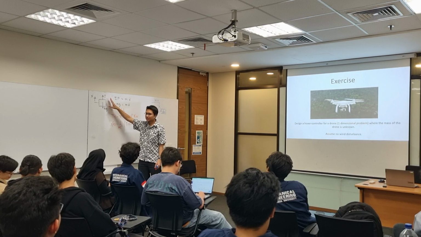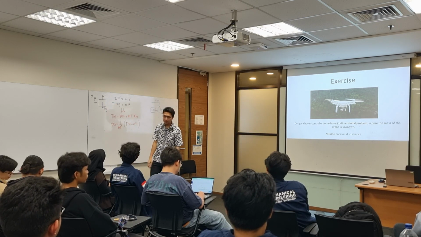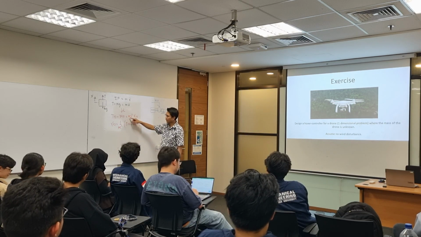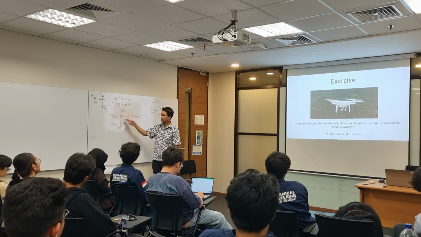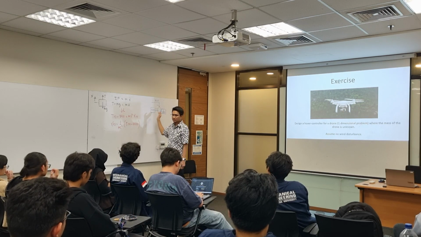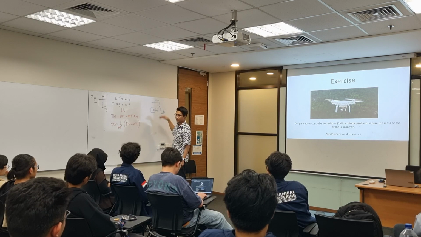There is no disturbance here in terms of drag force, no wind disturbance, yeah? But because we don't know the value of M, the weight is unknown, right? So we can regard this as a disturbance because it is a constant value. Okay.